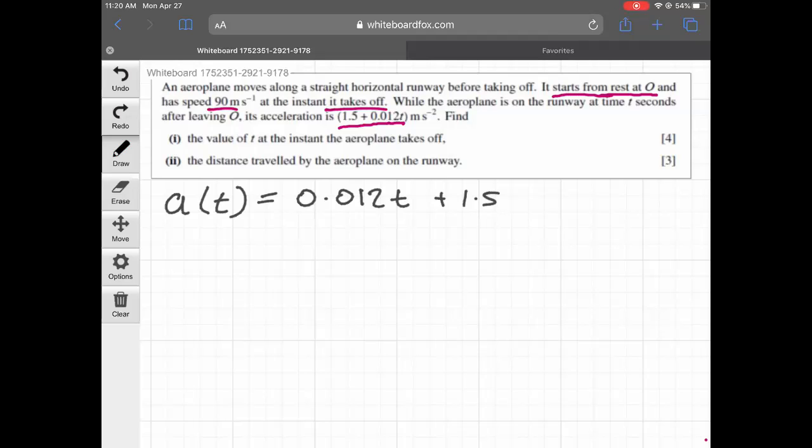So we want to know how long it takes before it takes off. We need to find v of t because we're given the speed of 90. We know the value of v of t is 90 when it takes off.